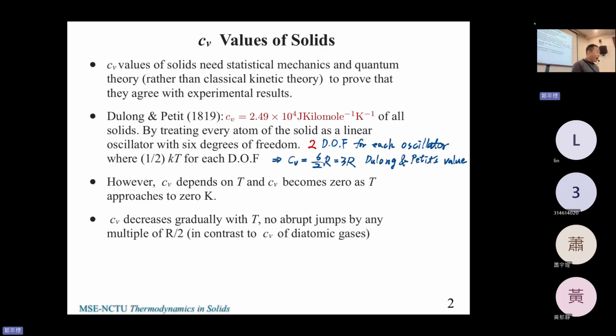However, CV depends on T. So actually CV is changing, and CV becomes 0 as T approaches 0 K. So it's not always this value.